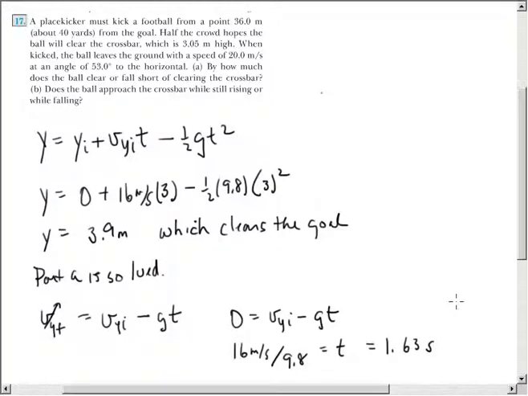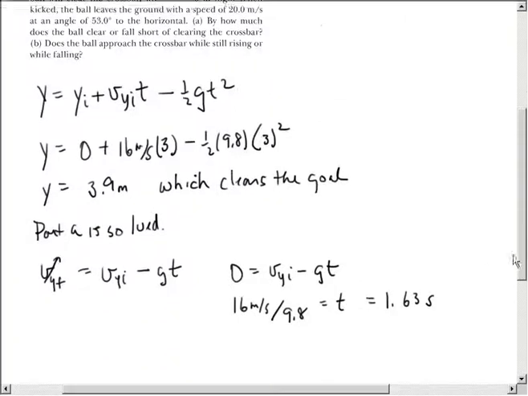Now, what is the significance of that time being less than the time to reach the goalpost? Think about it for a minute. Pause the video. That tells you that the particle is on the way down.